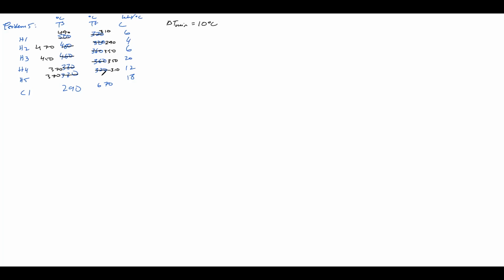Good, and now I'm going to arrange the temperatures from highest to lowest for the next step and try to plot these streams. Let me just write these temperatures on the side here, so it's easier for me to cancel them out.